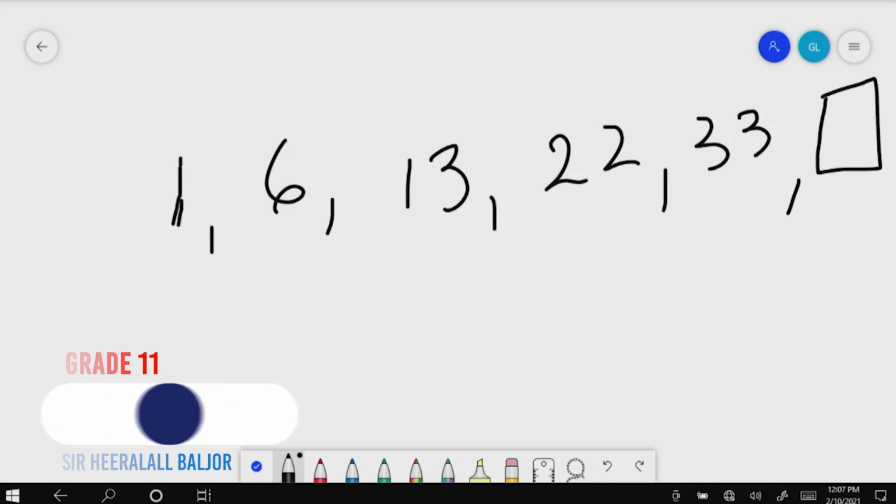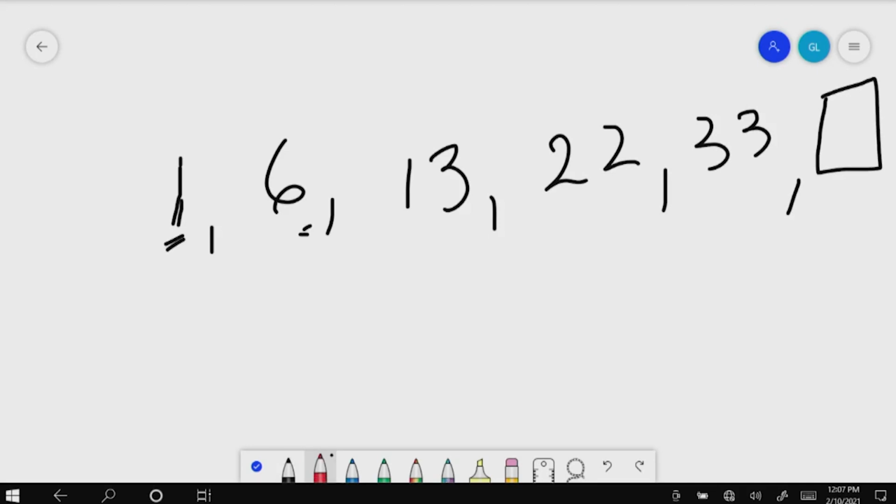To find this next number, we need to see what is happening with 1 to arrive at 6. If we take 1 and we add 5, we get this number 6. We need to look to see what happened with 6 to 13. If we take 6 and we add 7, we will get this number 13.